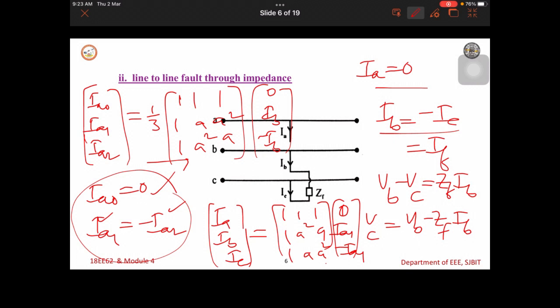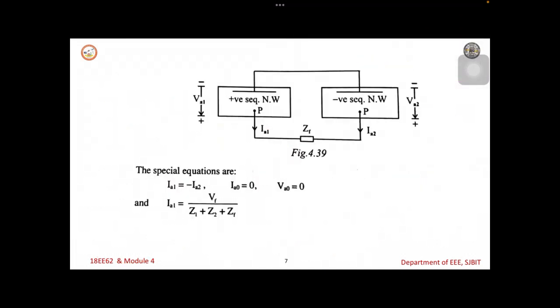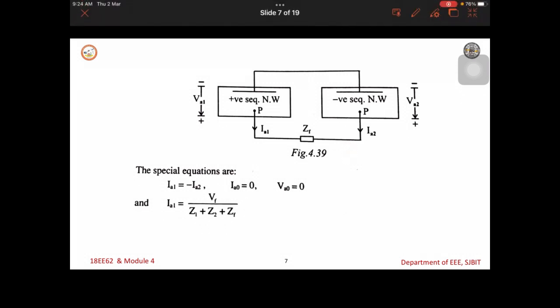If you simplify this for IB, because IB is the fault current, in the next slide I will give the expression for IB. So, IB is minus j root 3 IA1 if you multiply the previous matrix.